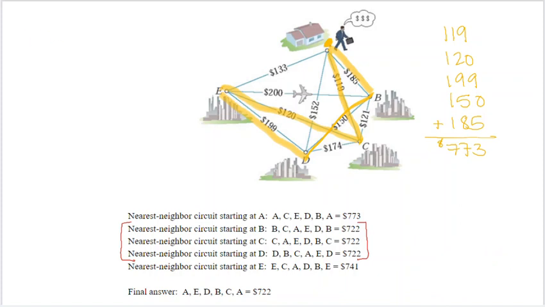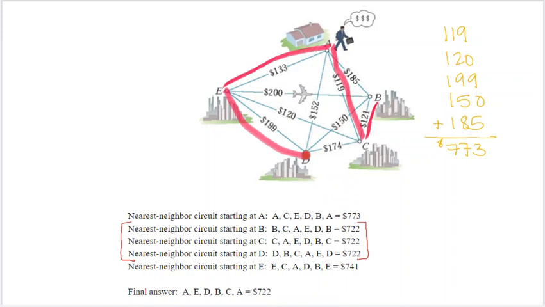All right, I'm going to erase what I drew on this diagram real quick. So if I look at this algorithm, starting from B, I go from B to C, C to A, to E, E to D, D to B. And now I'm done.